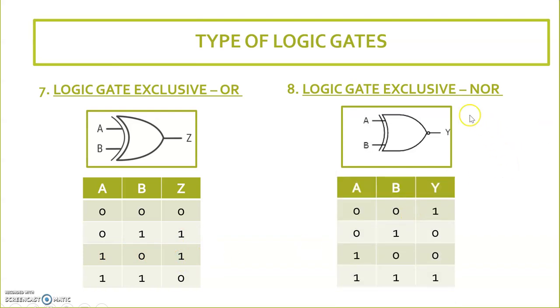The last one is logic gate exclusive NOR. This is the symbol for exclusive NOR. Exclusive NOR is X NOR. It's actually not exclusive OR.